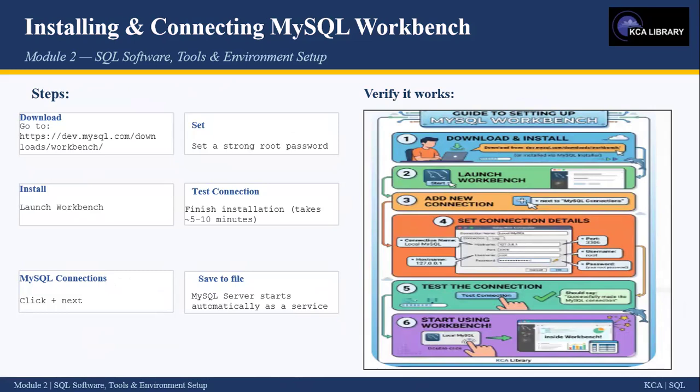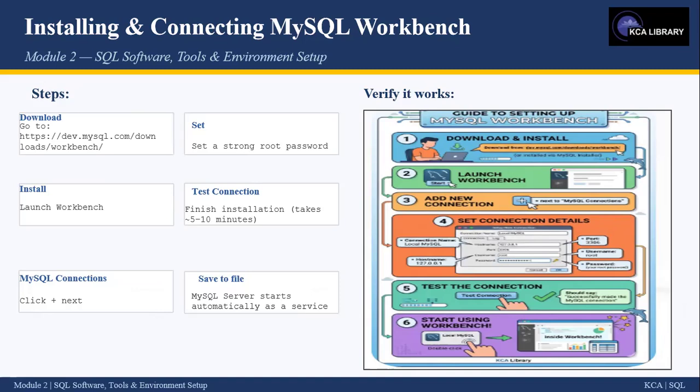Installing and connecting MySQL Workbench. Next, we install MySQL Workbench. Similarly, go to the site and download Workbench and install. It may be included in the MySQL installer. You launch the Workbench and click the plus sign next to MySQL Connections.